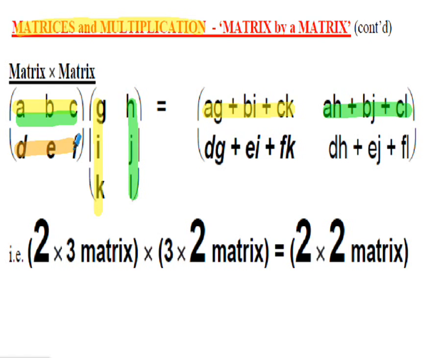Multiplying the second row by the first column produces this element, and multiplying the second row by the second column produces this element. So in other words, multiplying a 2 by 3 matrix by a 3 by 2 matrix produces a 2 by 2 matrix.